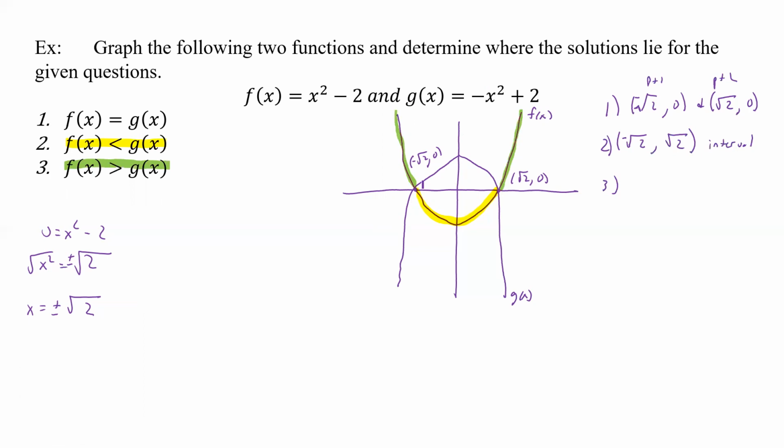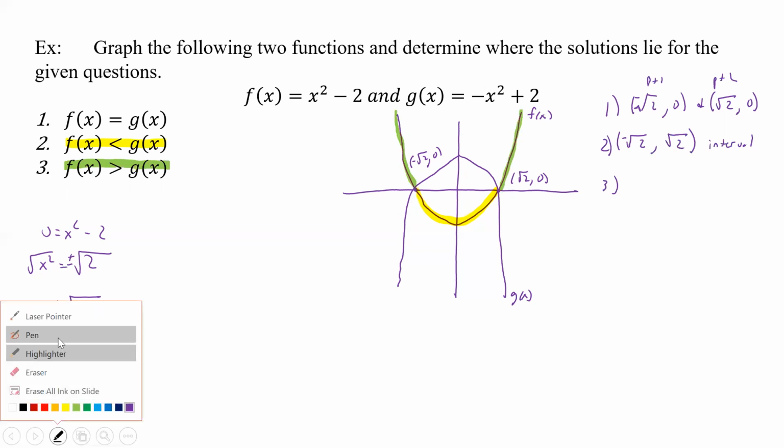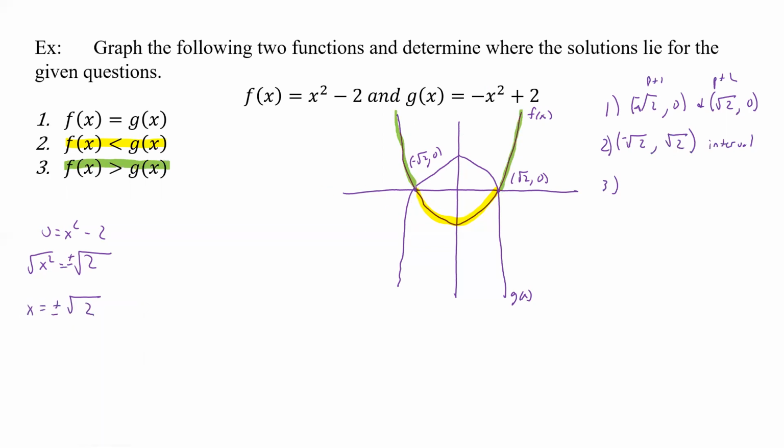Okay. So when is that? Well, that's going to be from this point down or this point up. So we're going to go from negative infinity up to negative square root of 2, and then in union with, from the square root of 2 up to positive infinity. So we have 2 pieces. It's going to be here or here, okay?